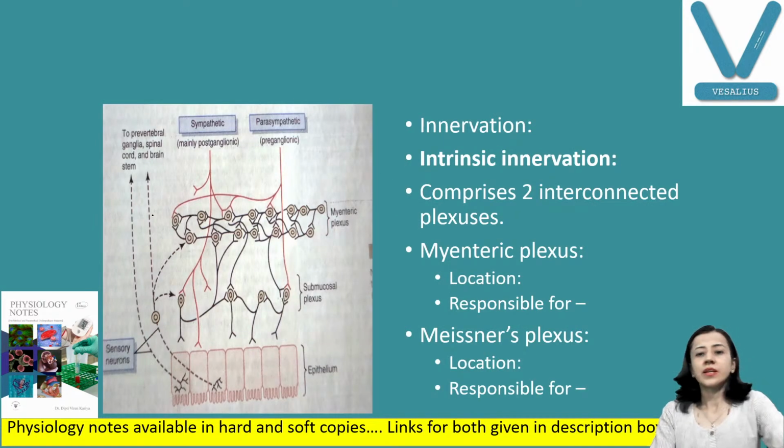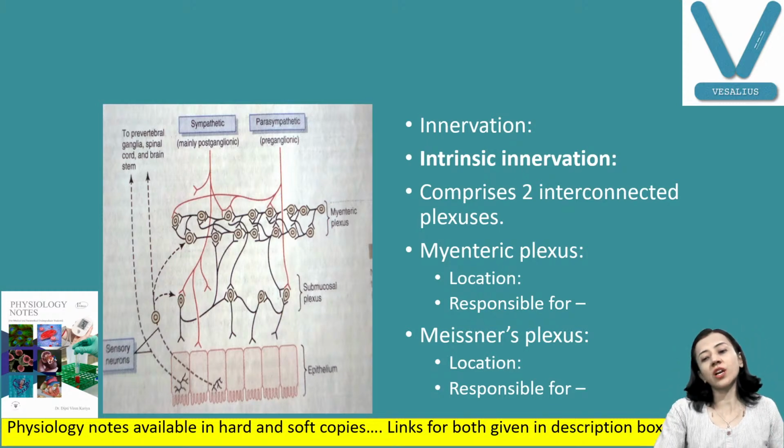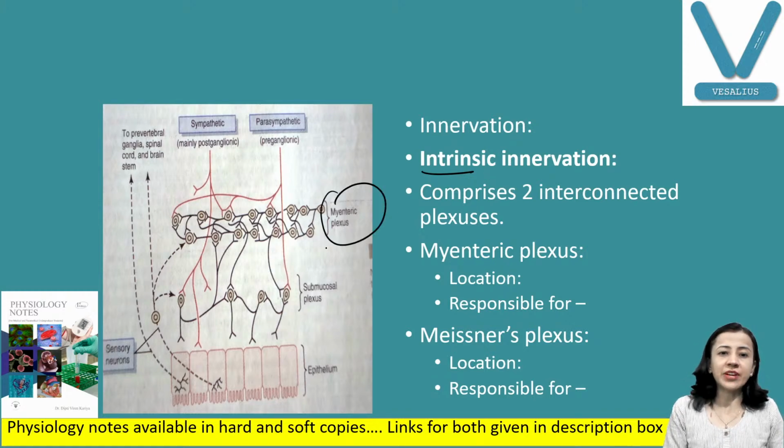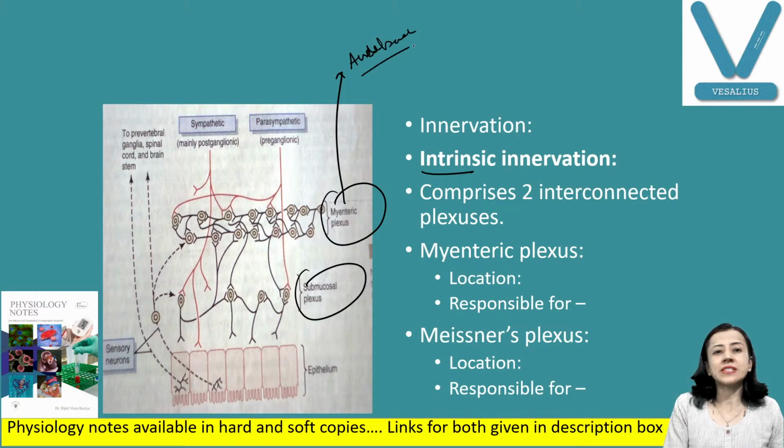Now, the last part, nerve supply of the stomach, innervation. As we have discussed, like all other parts of the digestive tract, we have two innervations, intrinsic and extrinsic. Intrinsic is by two plexuses, the myenteric plexus and the submucosal plexus. The myenteric plexus, also known as Auerbach's plexus, is present in the muscle layer.